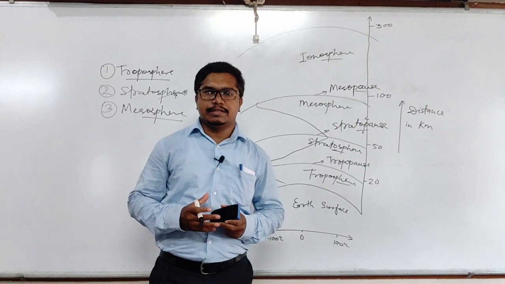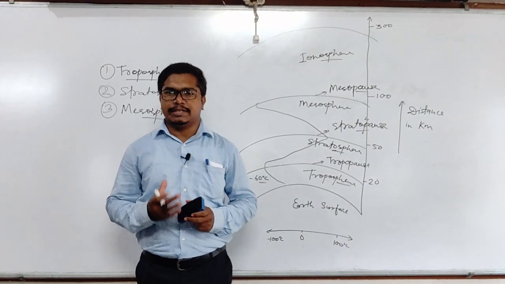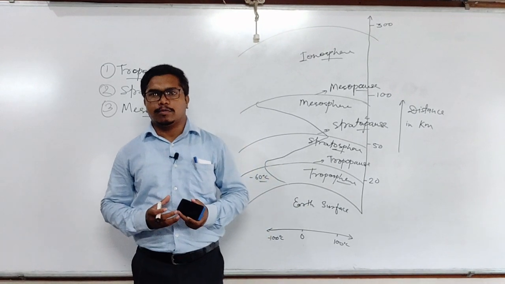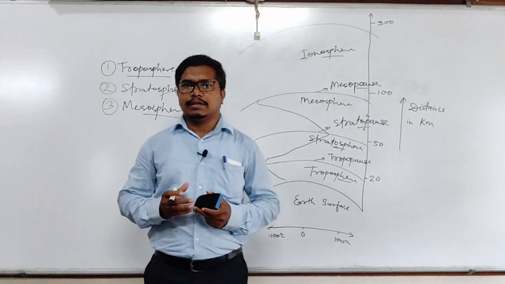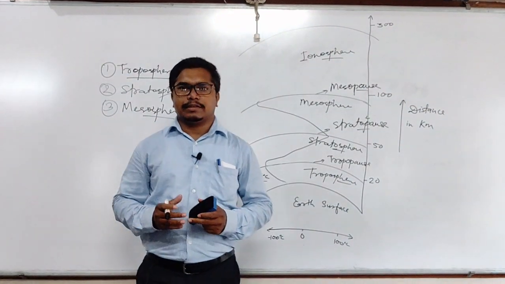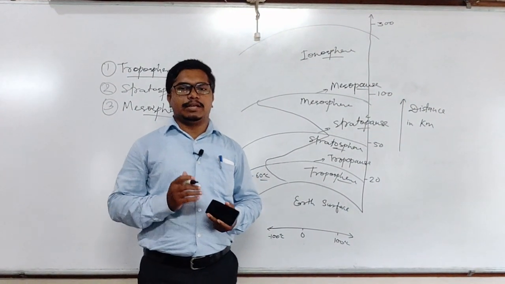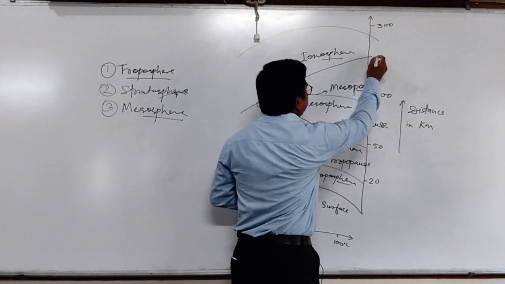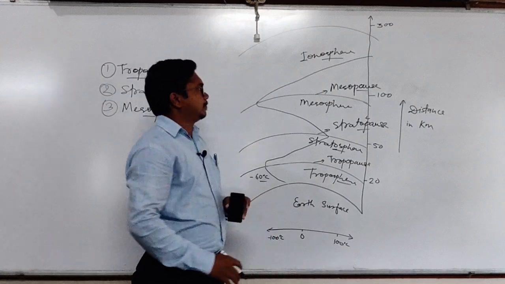The ionosphere contains several layers of ionized air. That's why various gases are present in the form of ions like NO2 minus, ammonia, etc. That's why this zone is represented by a high temperature up to 200 degrees Celsius.